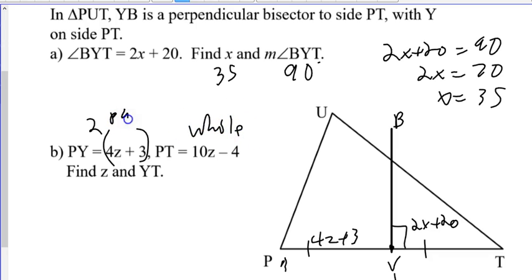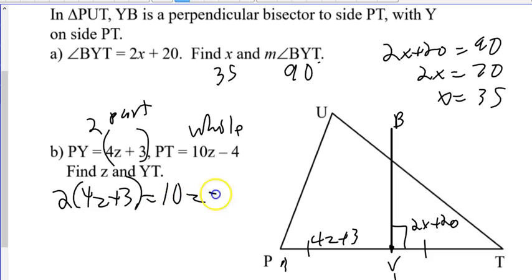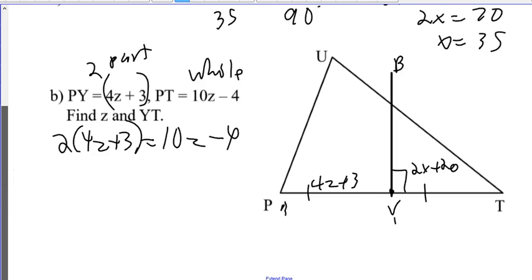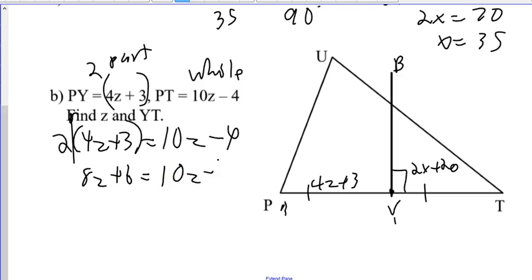These are the parts. Okay? So we're going to do 2 times 4z plus 3 equals 10z minus 4. Well, that gives me 8z plus 6 equals 10z minus 4.